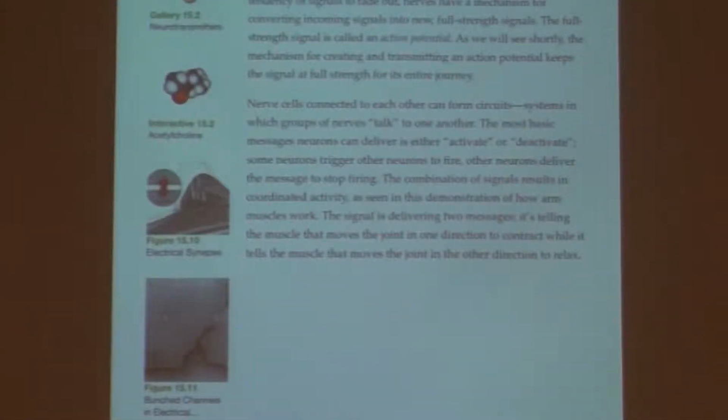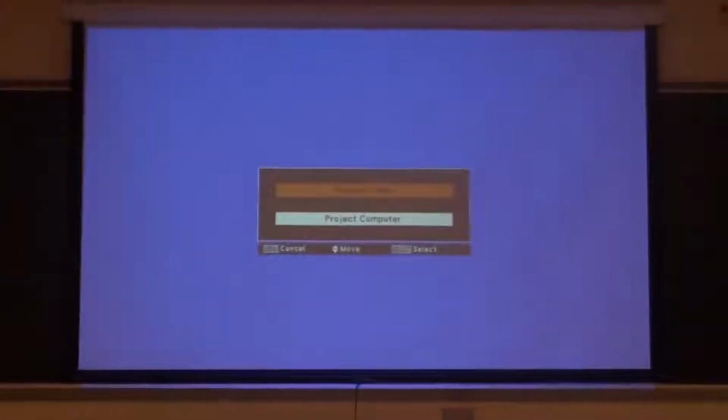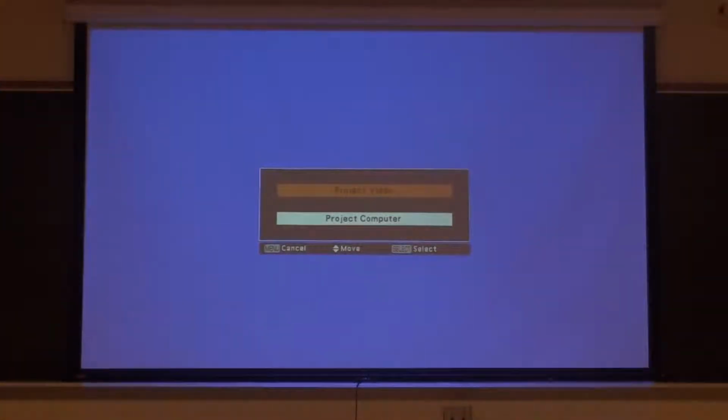And so now you learned that the neuron, the cell, is a computing device that integrates, makes a decision, and then sends a signal.